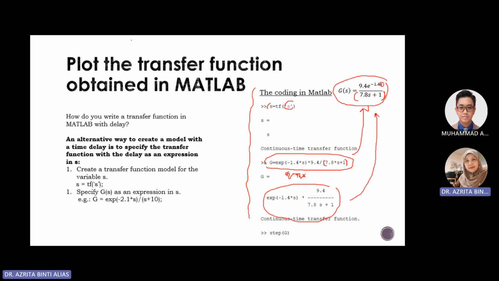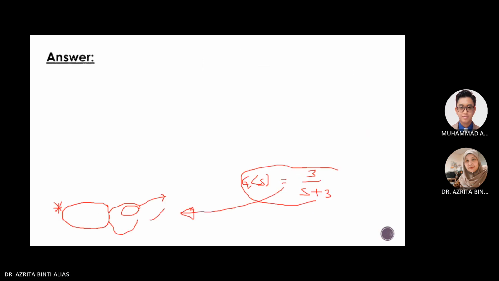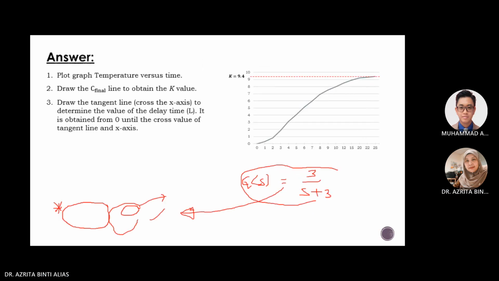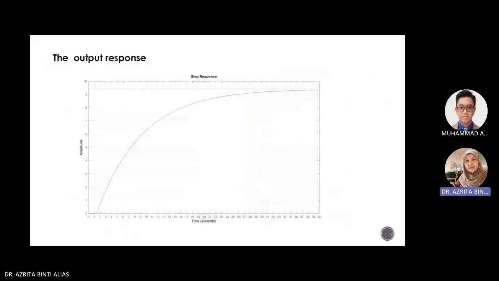Okay, so after we declare the transfer function, we use the coding of step. Step means that we give a step input to our system: step G. Okay, so this is the response that we can obtain from the step G.